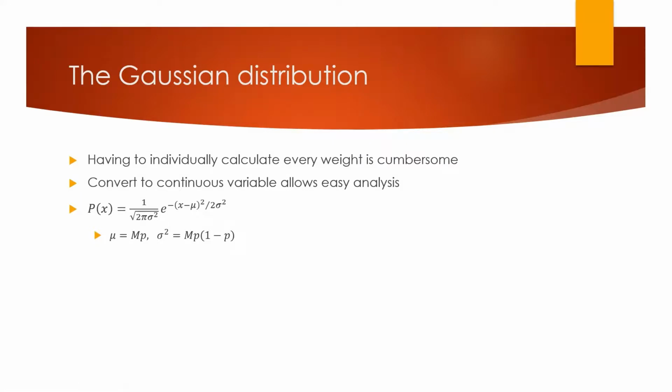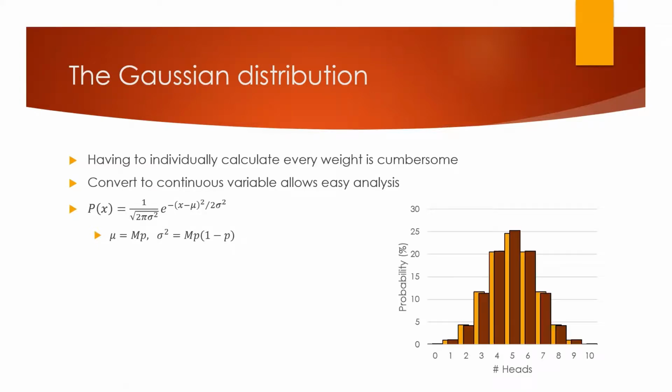Let's compare this to our binomial distribution and see how it works. I've done this for the 10 coin flip. In yellow, we have the 10 coin flip binomial distribution, and in red, we have a Gaussian distribution for the 10 coin flip. And you can see that it does a pretty good job at matching. The staggering there isn't real, it's just an offset, so we can see the differences between them.